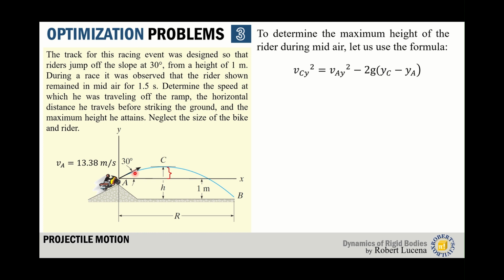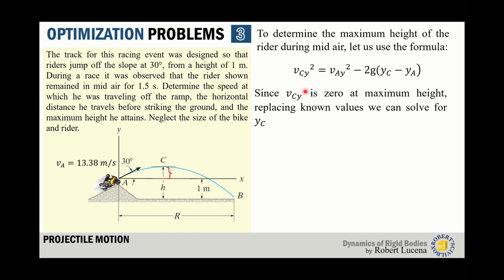There are actually three equations that you can use, like I said, for analyzing the vertical motion. You simply select which of the equations will allow you to solve for the unknown. In this case, we are solving for the position at point C. We know the initial velocity, and we know the final velocity will be 0 if we're analyzing from point A to point C. So this equation is very helpful because it will give you only one unknown, that is the position of point C.